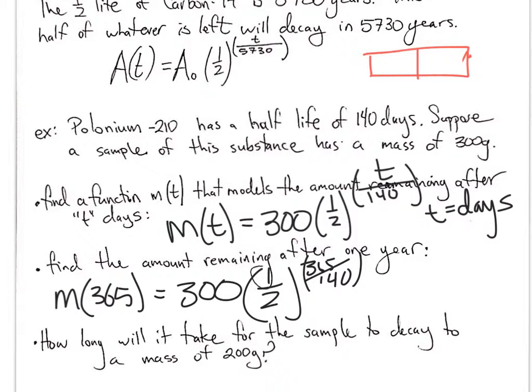Okay, let's see what our calculator says. So I'm typing in 300 times, and then in parentheses, 1 divided by 2, and then to the 365 divided by 140. Don't stress about the leap year, 365.25 or whatever.